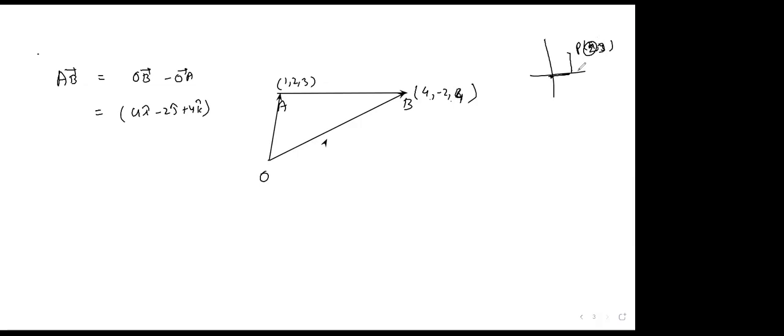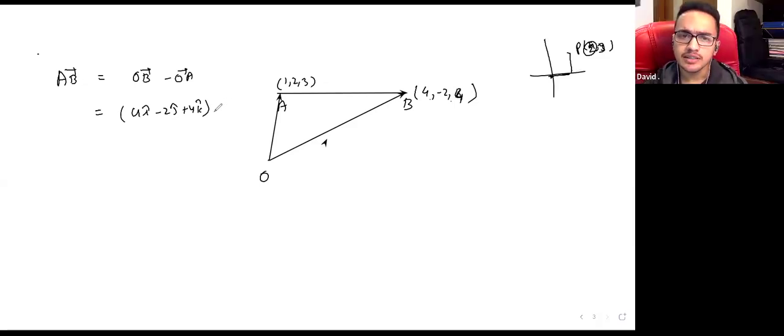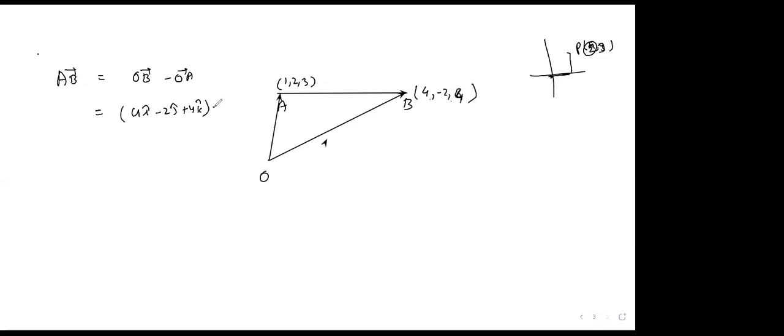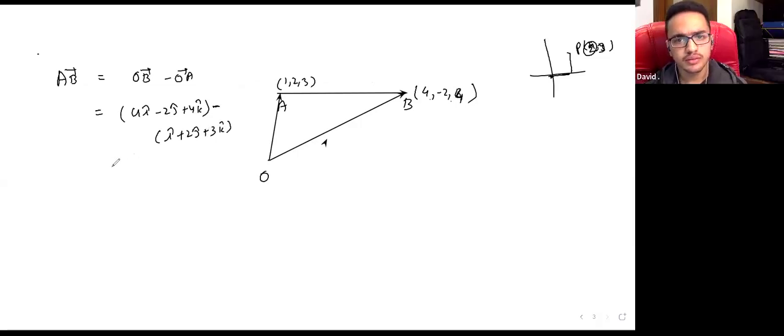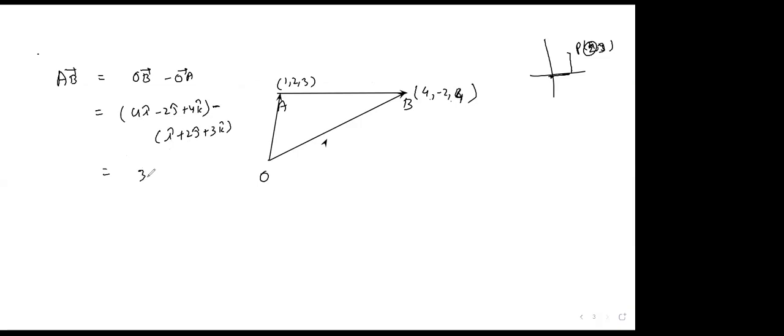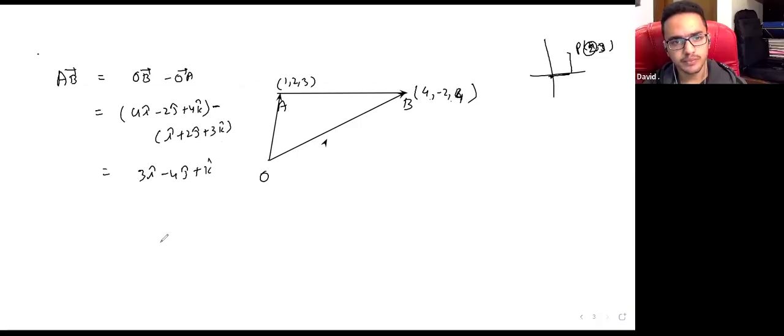The same thing in vectors: i cap means along x-axis, j cap along y-axis, k cap along z-axis. So minus OA will be i cap plus 2j cap plus 3k cap. So this will be (4 minus 1) 3i cap, (minus 2 minus 2) j cap, and (4 minus 3) k cap. So this will be AB vector.